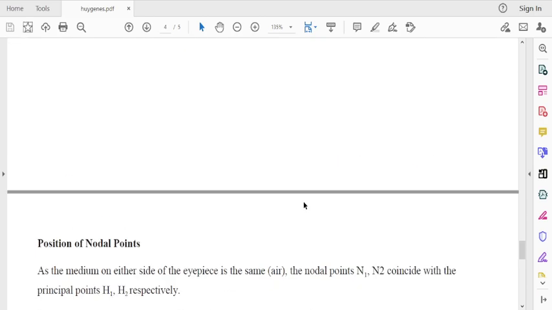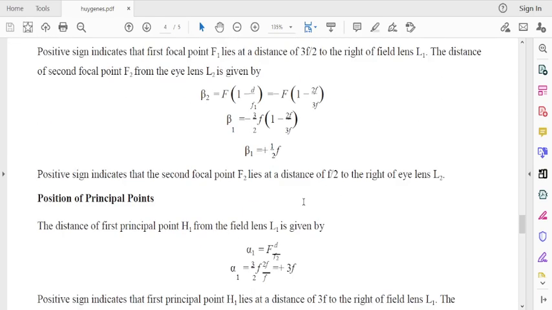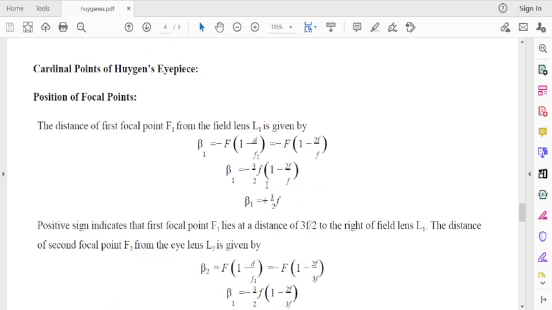See now what he says about the focal points.